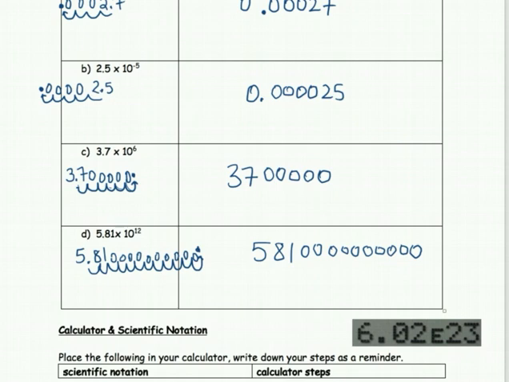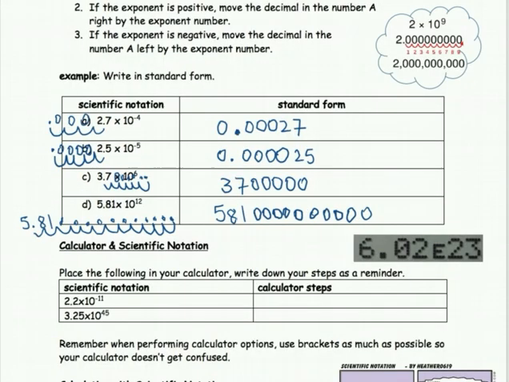Okay, so again, we're going to be working with values that are already in scientific notation. Sometimes we will need to convert it into scientific notation, but usually we'll be given a number that's in scientific notation. So right here, what you see is what your calculator will show you for a really special number that we're going to be using in this unit called Avogadro's number.